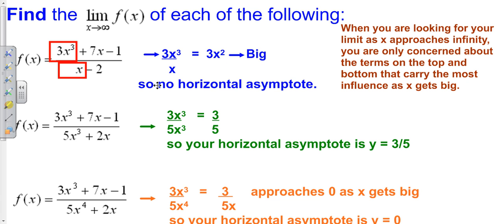So we have no horizontal asymptote in this case. We would end up having what we refer to as an oblique asymptote. When x approaches infinity, you have either a horizontal asymptote or an oblique asymptote. If there is no horizontal asymptote, it ends up being oblique. And we'll talk about that a little bit later.